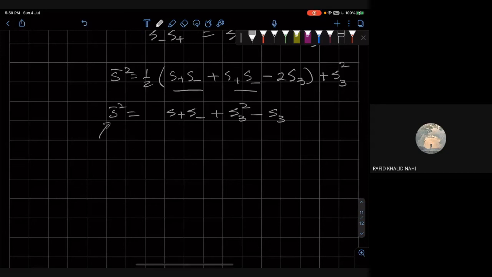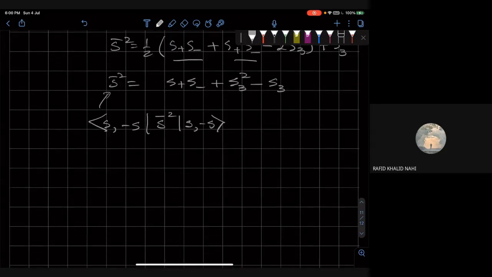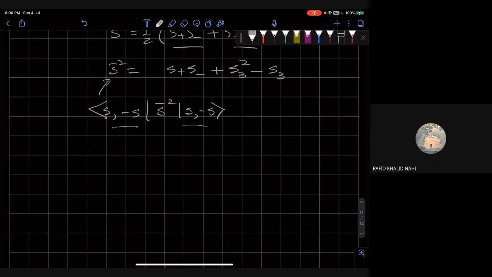Now, S squared is going to have the same eigenvalue for all the basis states. So I can choose any state I like. Let me conveniently choose S squared to act on S, minus S, the lowest state. I take its eigenvalue. It doesn't matter what state I choose here, this expectation value will always be the same.